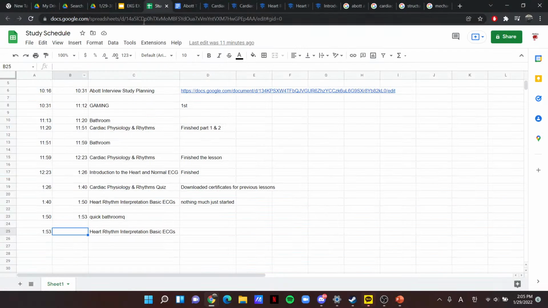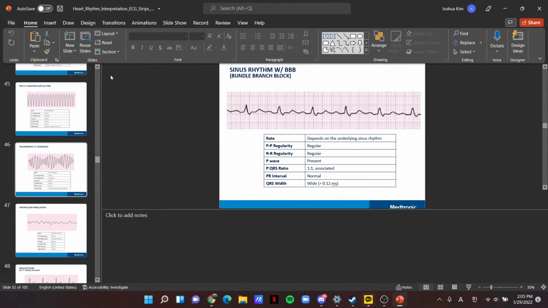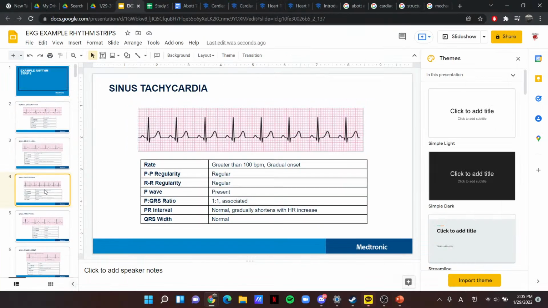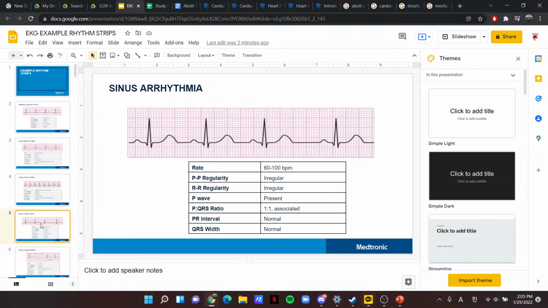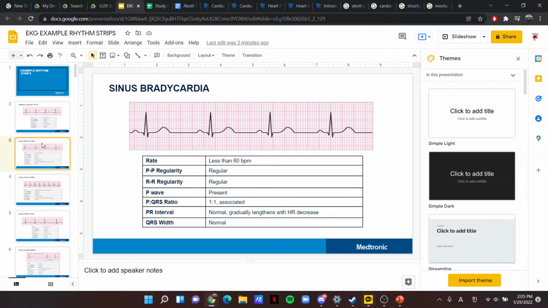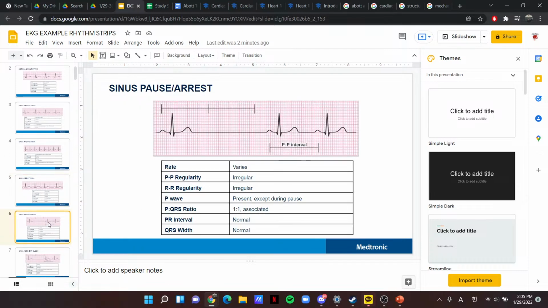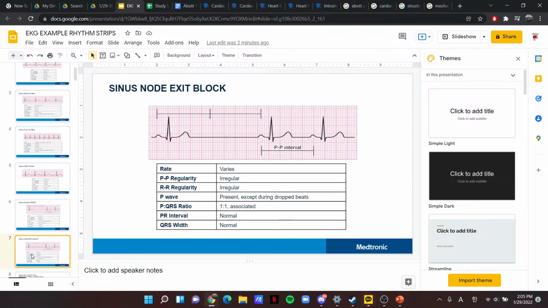Definitely slowing down. All the way over here with tachycardia, the arrhythmia is when you get irregular patterns. The sinus arrhythmia. Oh gosh, so that was a pause and a rest.